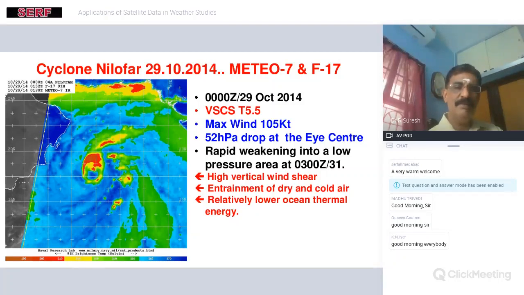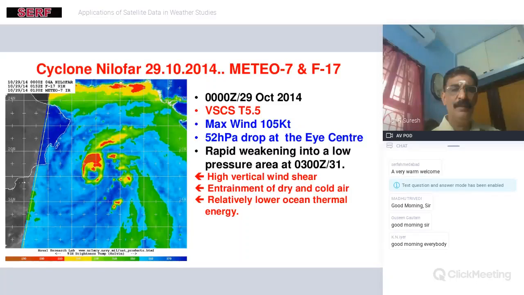Due to the prevalence of high vertical wind shear. Normally a cyclone has an affinity for low vertical wind shear as a great cyclonic parameter. And whenever high vertical wind shear is there, the cloud mass will probably go up, and thereby the cyclone intensity will be diminished, and it tries to weaken as such. Then the entrainment of dry and cold air also caused a dissipating signature for the cyclone.